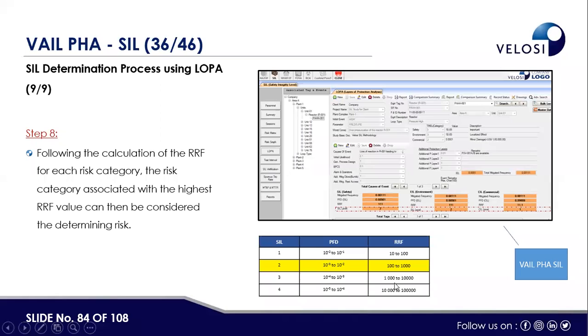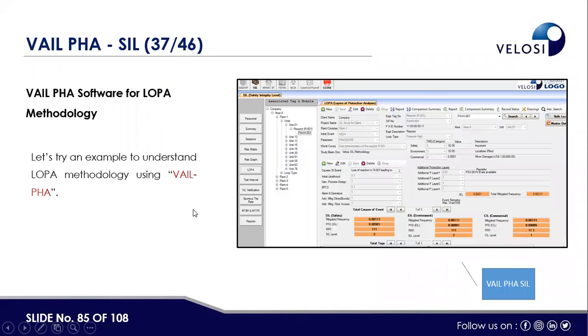If it is between 1000 and 10,000, it will be SIL 3. If it is 10 to 100, SIL 1. If it is less than 10, it will be SIL 0. So through this, we can calculate or assign a target SIL with the help of the layer of protection analysis, LOPA method. So let us try one example.